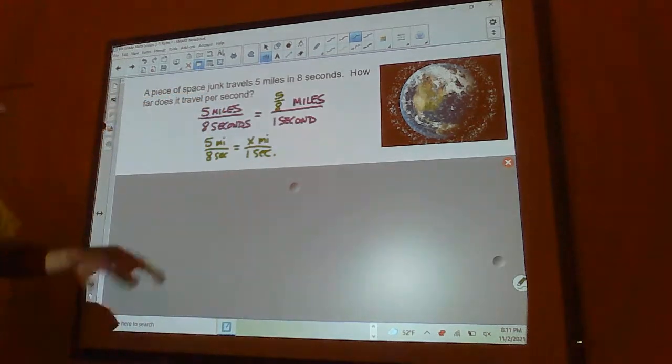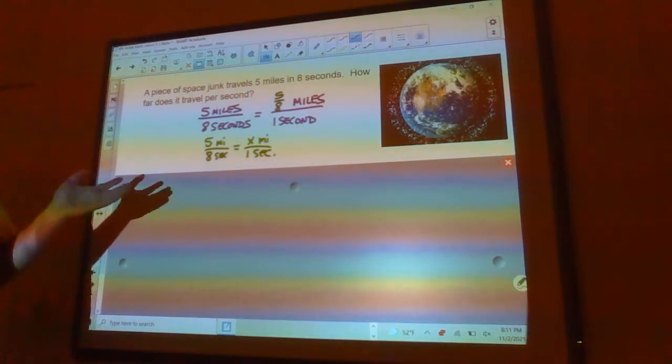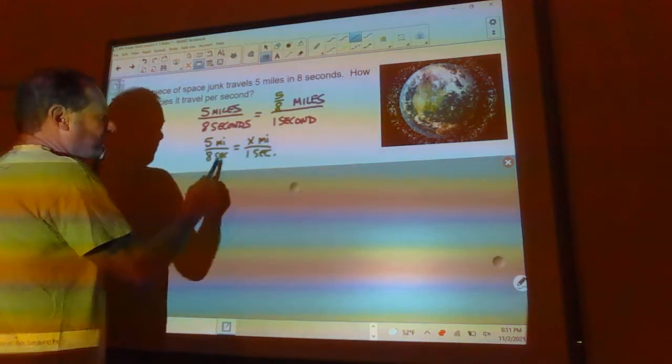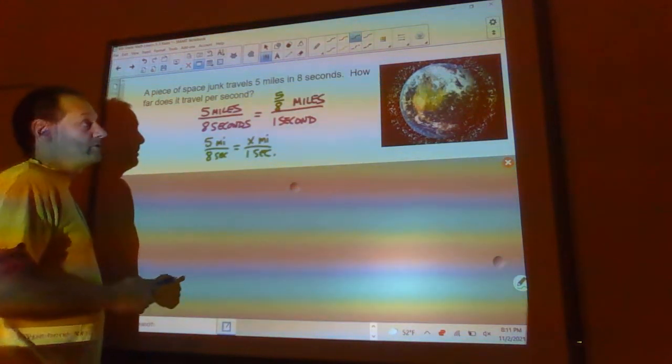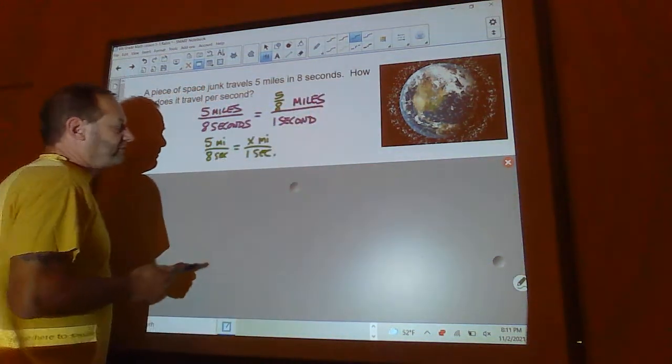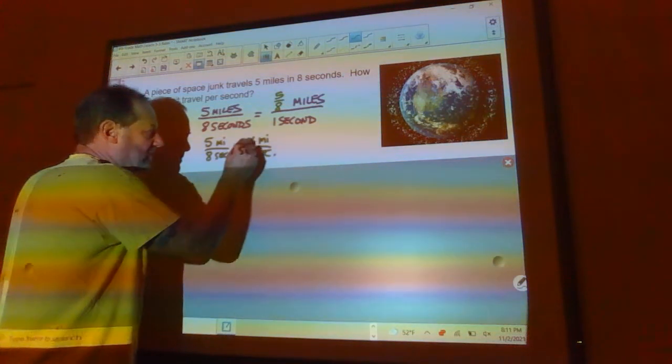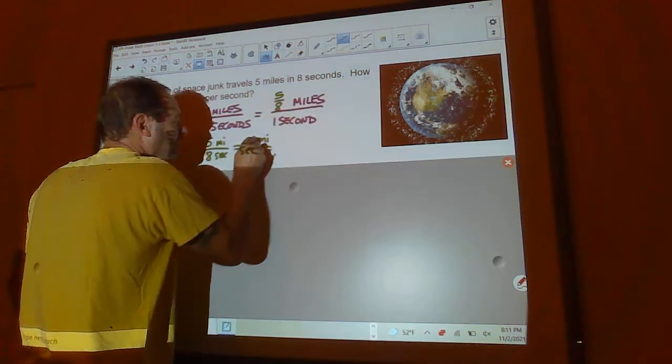Okay, so this is called a proportion. This is getting a little ahead of us here because that's a lesson coming up. But anytime you have 2 fractions that are equal to each other, it's called a proportion. And what you do to solve a proportion is you're always missing one value. So I'm missing the x right here.